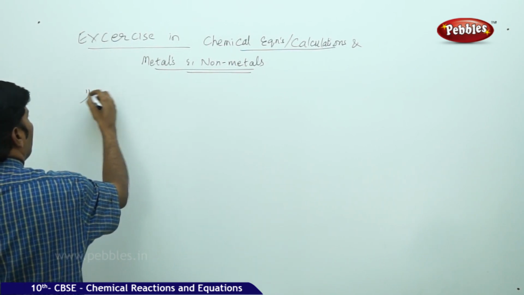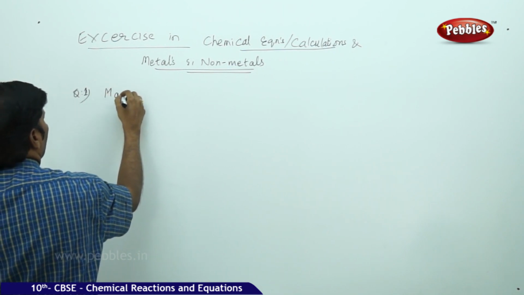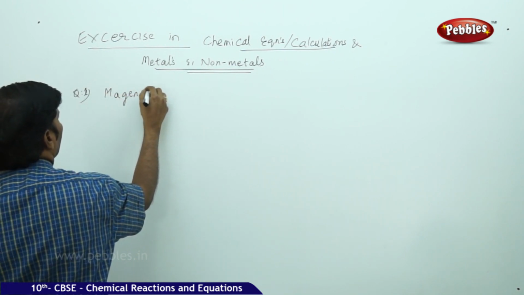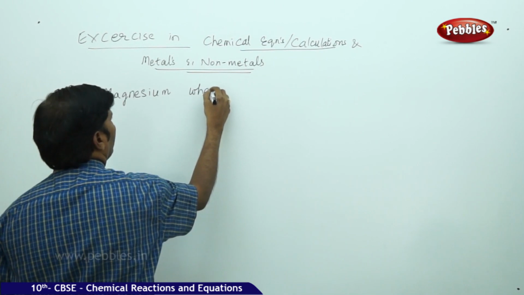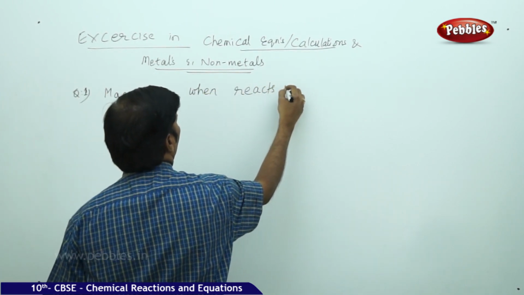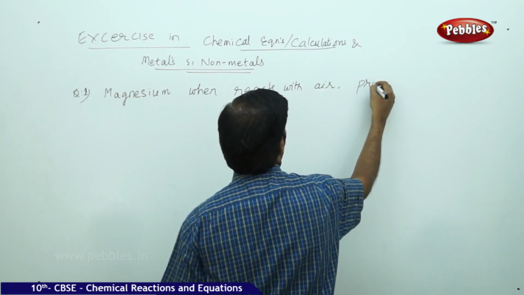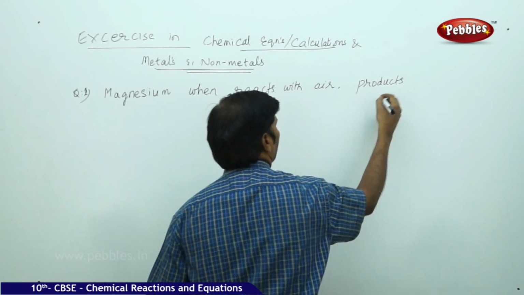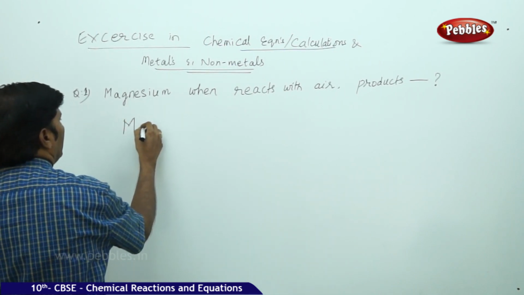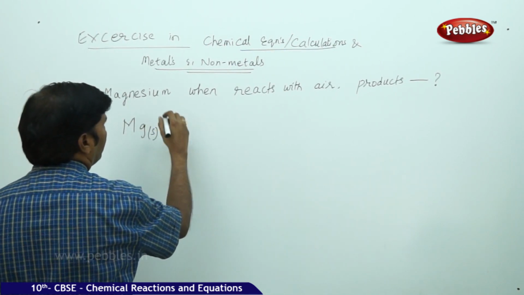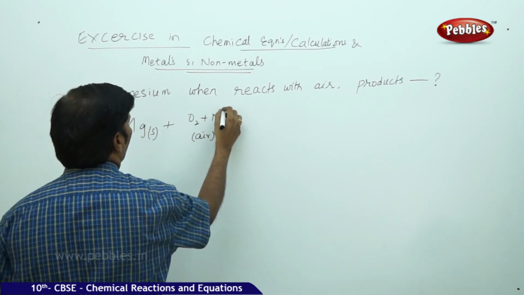First question: when magnesium reacts with air, the products obtained are? The reaction is very simple. Magnesium is a solid. It reacts with air, because air is a mixture. Air contains both oxygen as well as nitrogen gas.